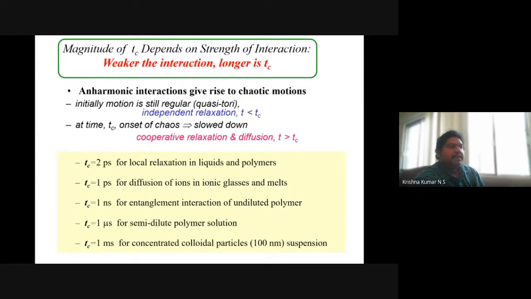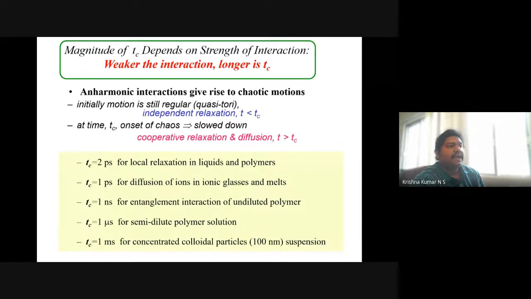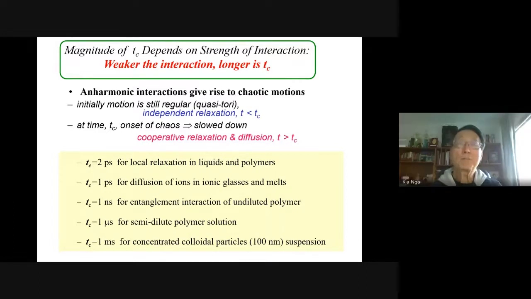Do you expect any interesting result regarding the strength of the beta relaxation, or the relative strength of the beta relaxation with alpha, based on your theoretical understanding? You're talking about the relaxation strength of the beta relaxation? Yes, delta epsilon.